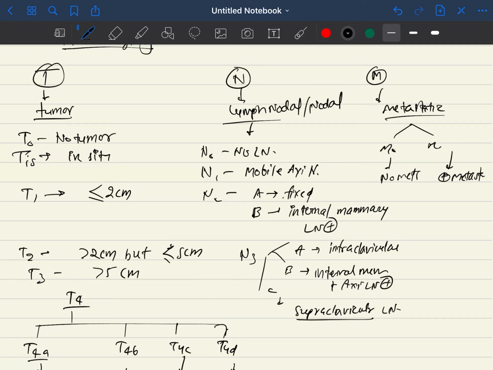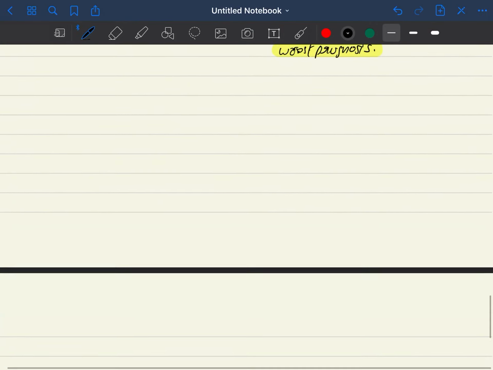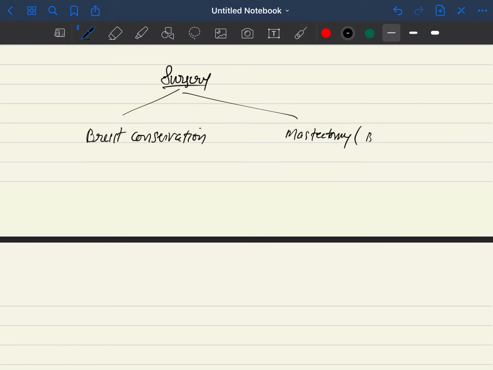All right. So for the surgery type, there are 2 types of surgery in breast cancer. First of all, breast conservation type surgery. Second one is mastectomy, or breast removal surgery, right?